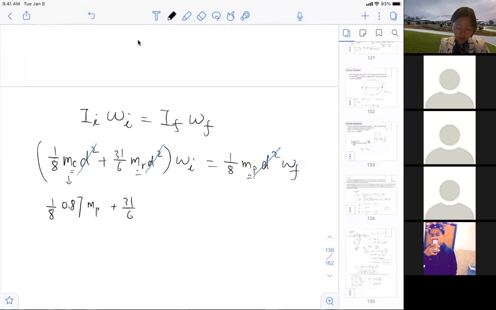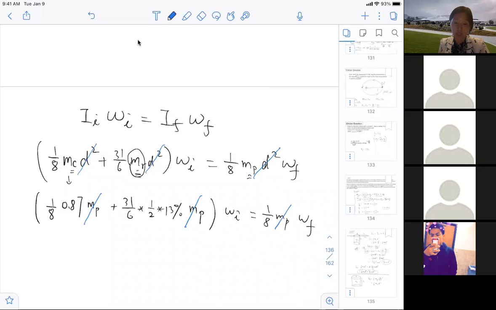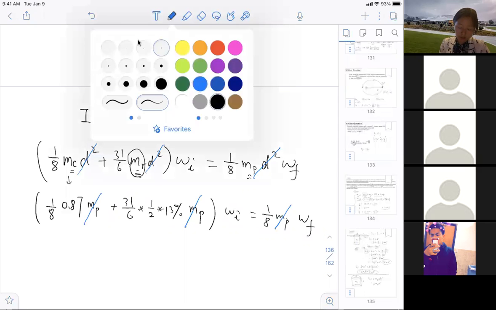And one of the arms is 1/2 of the 30% mass of the person. And 1/8 mass of the person. So here, I want to cancel the mass of the person as well. And I'm getting my omega final now.